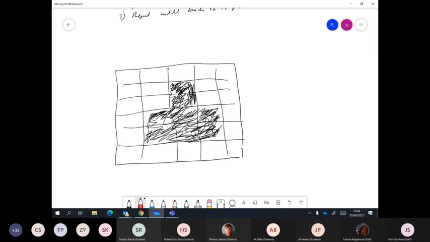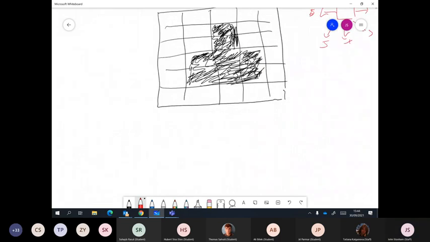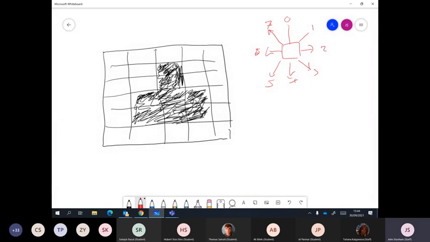Right. There's my operator. 0, 1, 2, 3, 4, 5. 0, 1, 2, 3, 4, 5, 6, and 7. Right. It's initially sitting there. That operator is the red square there.